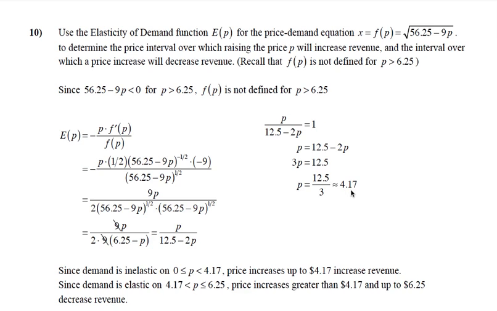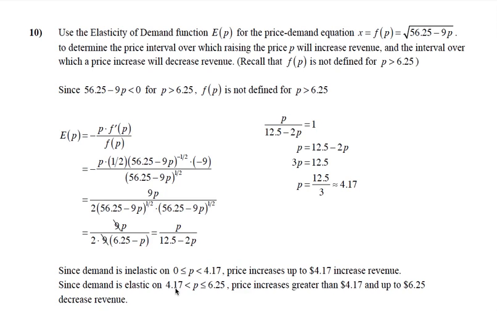A price below $4.17 is going to give us an elasticity of demand that's less than 1 but greater than 0, and so on the interval 0 to 4.17 our demand is inelastic. Inelastic means that when you increase the price, the revenue increases.